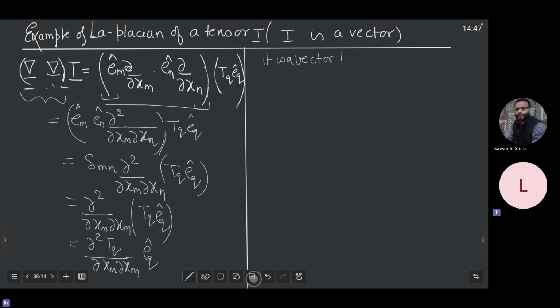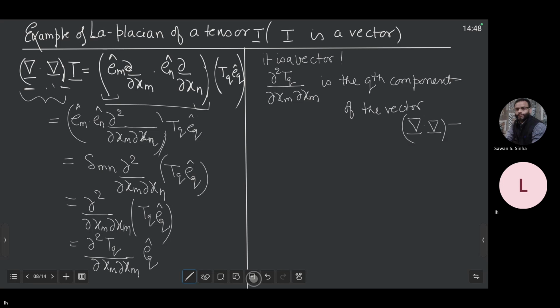It is a vector. How many terms inside it?